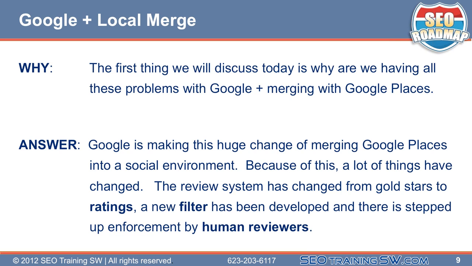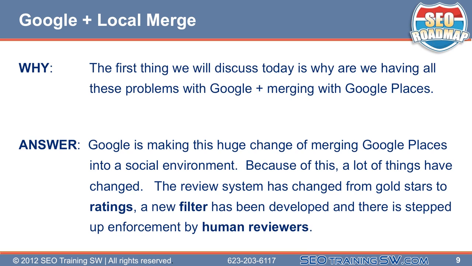So, why are all these problems happening? This is what we'll discuss first. Google's making some huge changes right now, merging Google Places into a social environment. And because of this, a lot of things have changed. The review system has changed. Remember, you could give a business 5 gold stars?